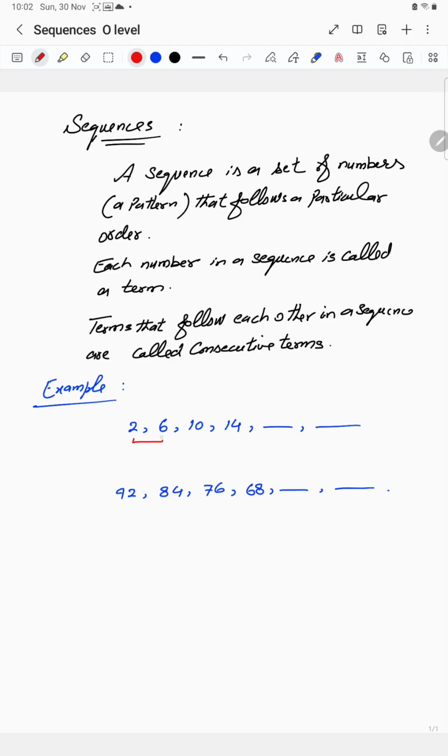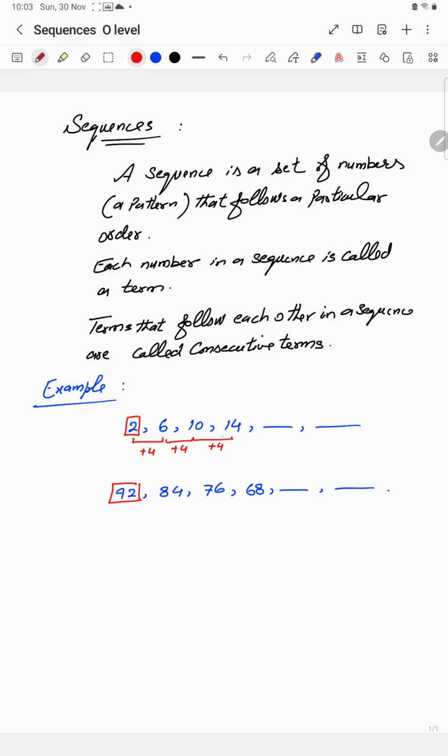We can see the difference of the second term and first term is 4. That is, if you add 4 to the first term, you get 6, then plus 4 you get 10, then plus 4 you have 14. So this is a common pattern: you add 4 to get the next term.